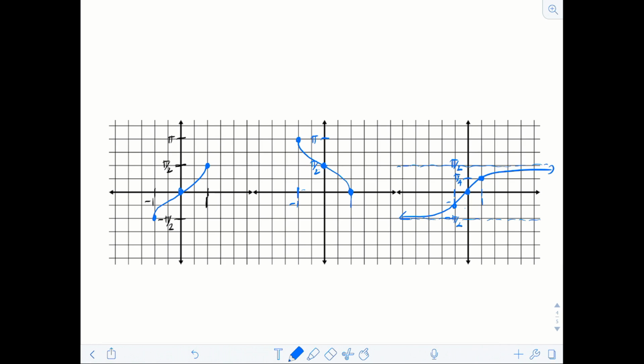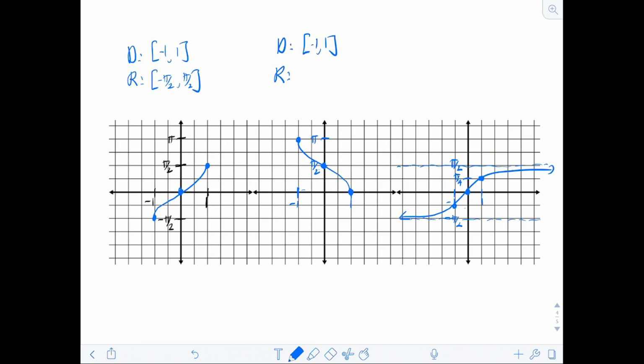All right, and then let's write down our domain. So the domain for the inverse sine is going to go from -1 to 1. Our range is going to go from negative pi over 2 to pi over 2. Now notice I am doing brackets. That means that I am including both the negative pi over 2 to pi over 2 and the -1 to 1. And you'll see how things are different when I get to tangent. So for inverse cosine, the domain goes from -1 to 1 again.